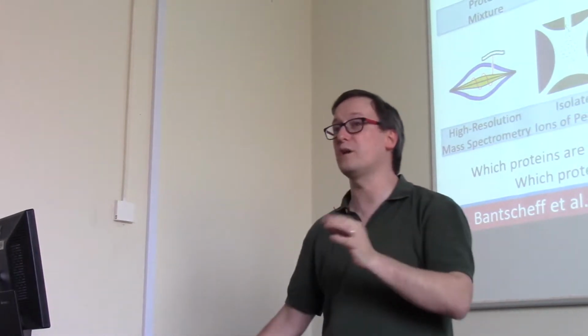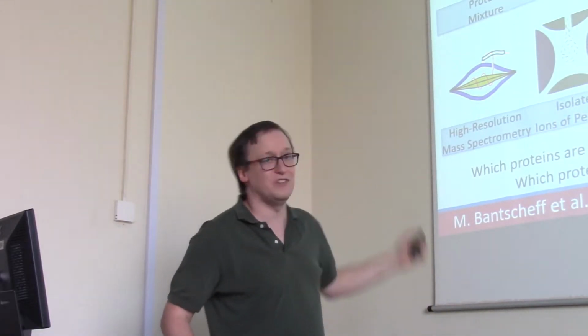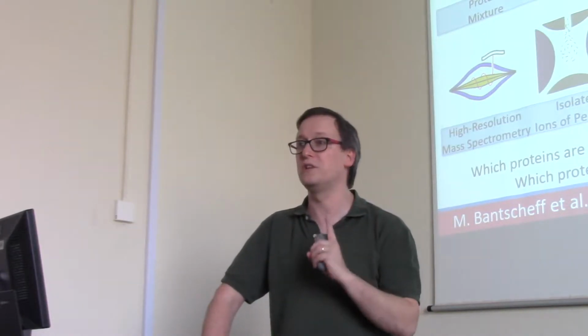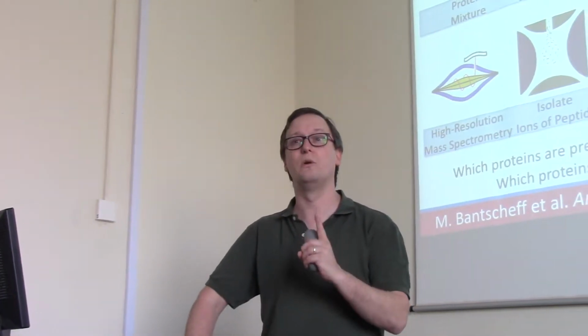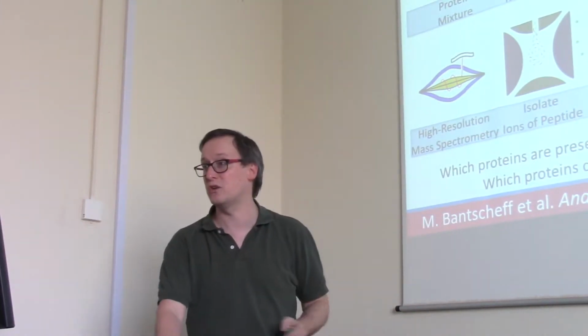So for now, we're going to talk about the mainstream approach here, which is that we don't want to work just off of an intact peptide ion mass-to-charge value to determine the sequence. We also want to see its guts. And for that, we're going to use tandem mass spectrometry.